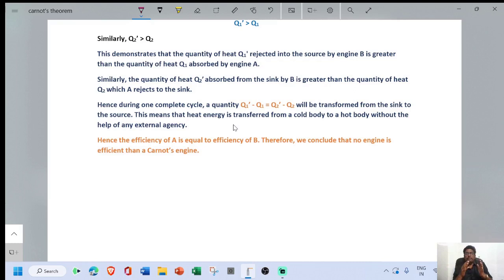If A is more efficient than B, we have arrived at the condition that heat energy is transferred from a cold body to a hot body, which is highly impossible.